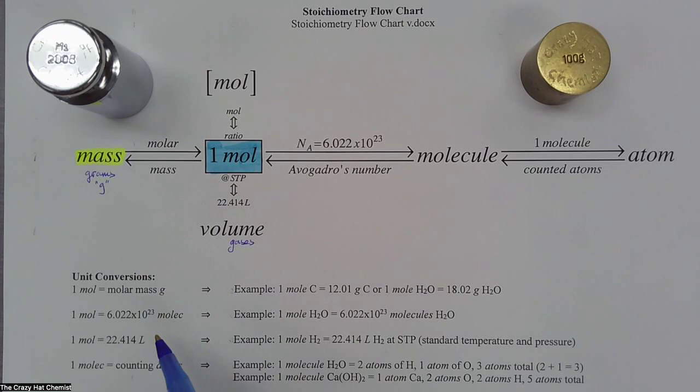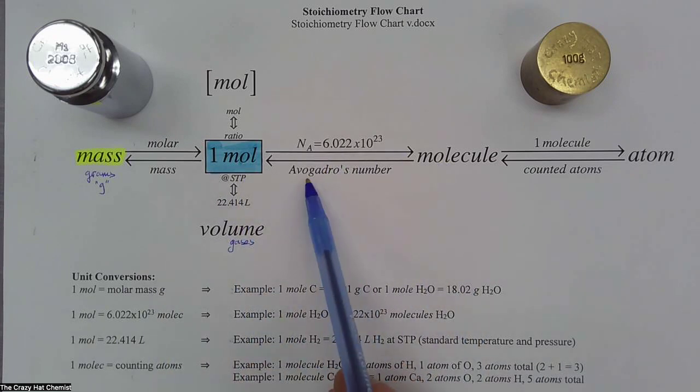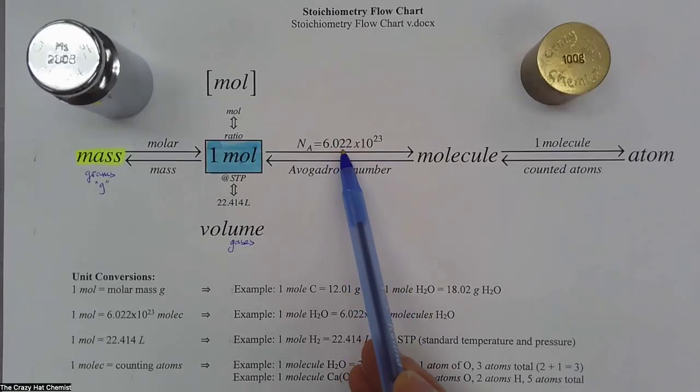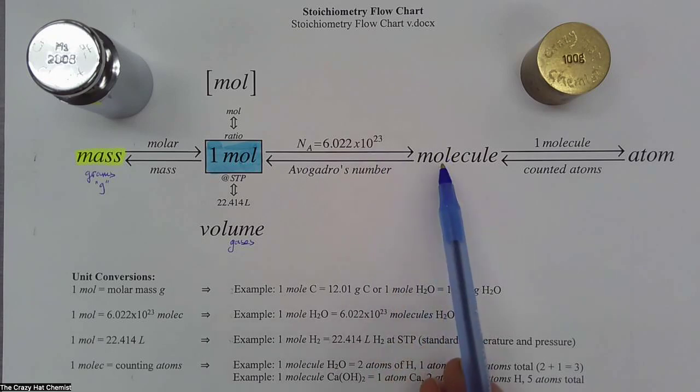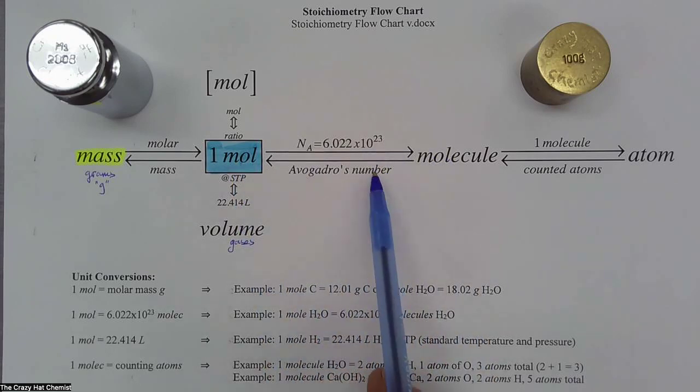That's a volume. 1 mole is equal to Avogadro's number. This is Avogadro's number, 6.022 times 10 to the 23rd molecules. So 1 mole is equal to Avogadro's number, that is 6.022 times 10 to the 23rd molecules.